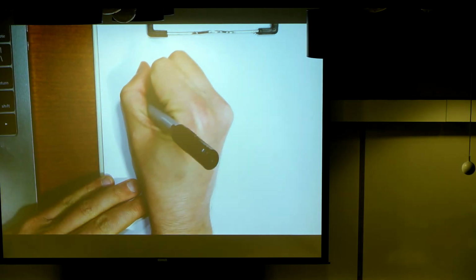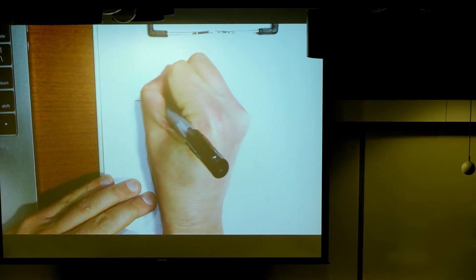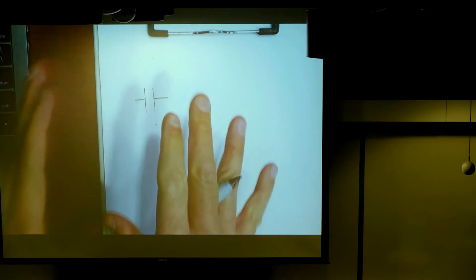So what I want to show you is roughly what happens when we charge up a capacitor. So we're going to start with a capacitor. It's going to be a parallel plate capacitor in this picture, but this generalizes really to any type of capacitor.